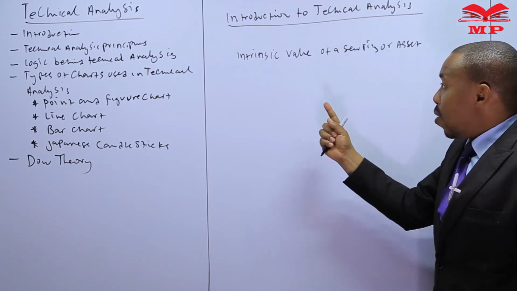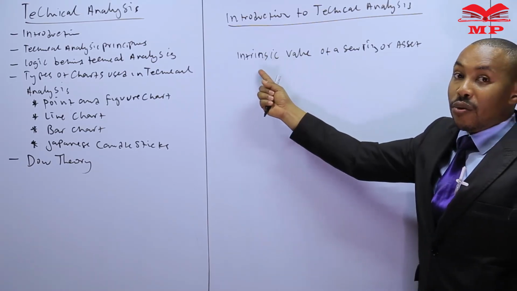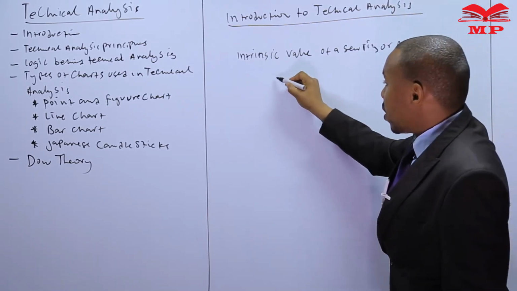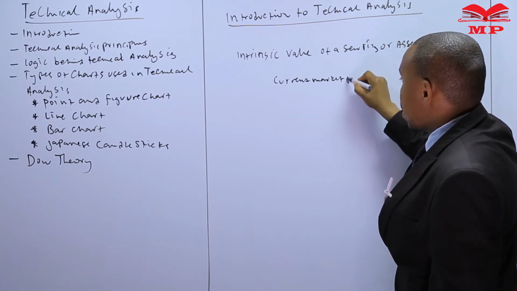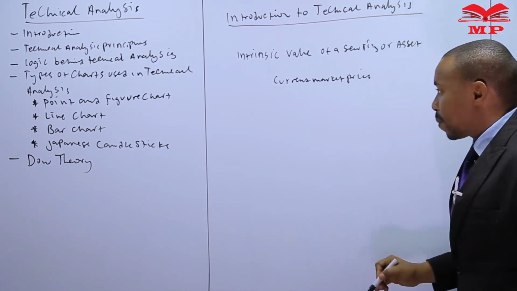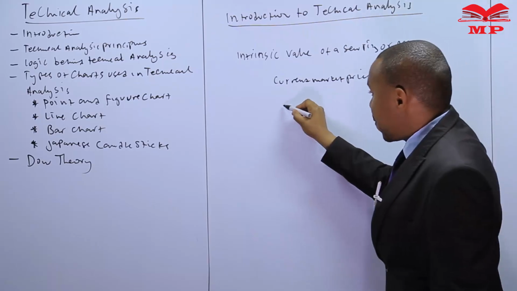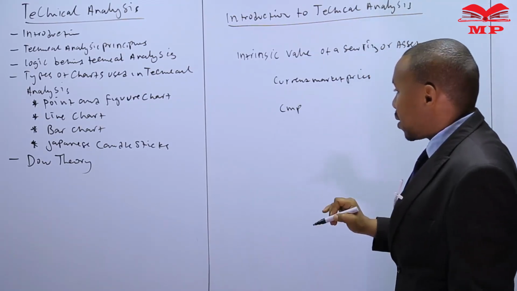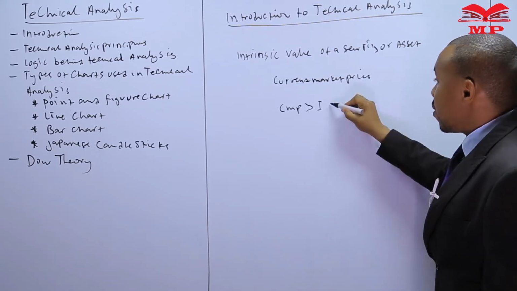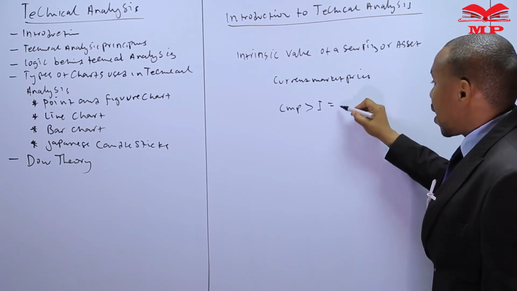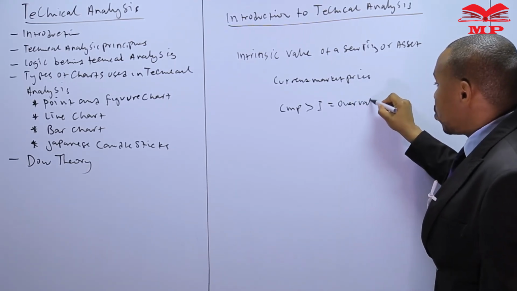So that once we've identified the intrinsic value, we are able to compare it with the current market price. If the current market price is greater than the intrinsic value, then you are saying that the security or the asset is overvalued.